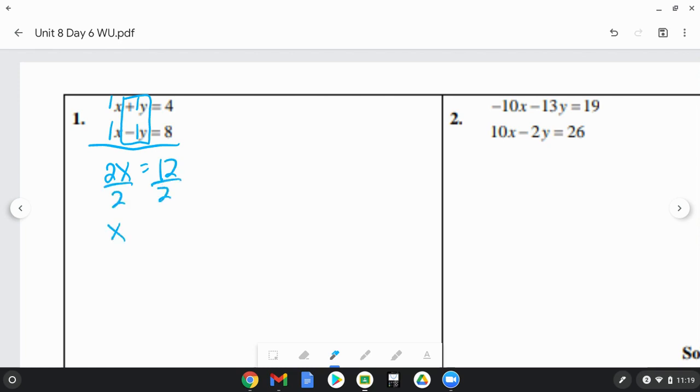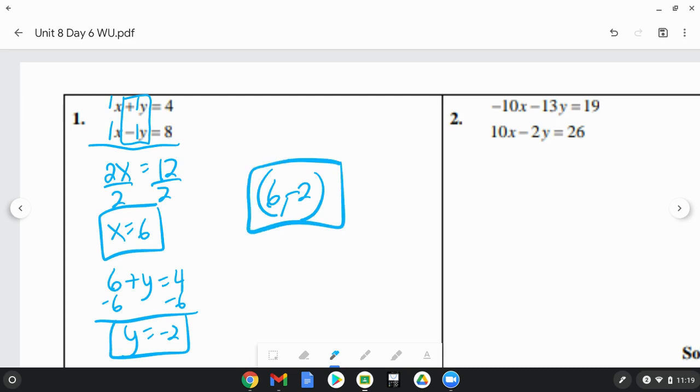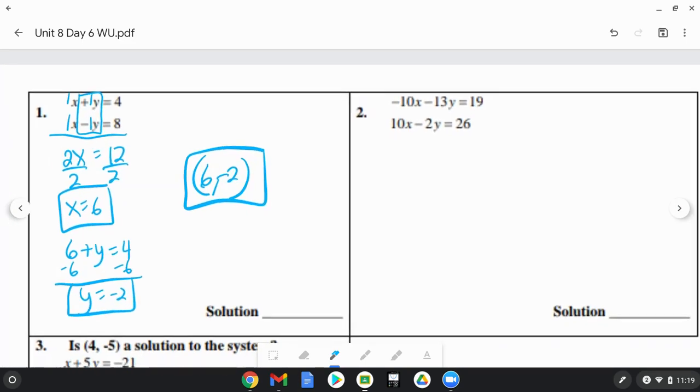I would divide by 2 to get x by itself, and I get x equals 6. Now you get to choose which equation to plug it into up top. I'm going to plug it into the top one so that we don't have any negatives. So that'd be 6 plus y equals 4. Subtract 6, and my final answer for y would be negative 2. So I'm always supposed to write this as an ordered pair, though. So that's 6 comma negative 2. That's my answer for number 1.